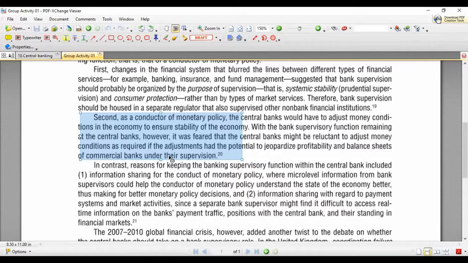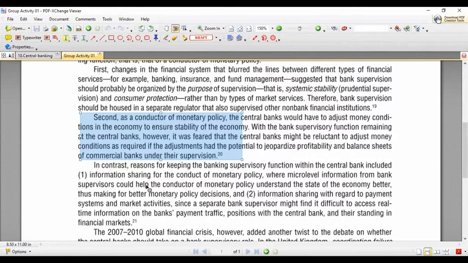Therefore, they will hamper or compromise their monetary policy goals in view of the commercial banks. So to protect the commercial banks, they will hamper their conduct of monetary policy. So that's the second argument they make. Because of this situation, they say the bank supervision should be with another party.